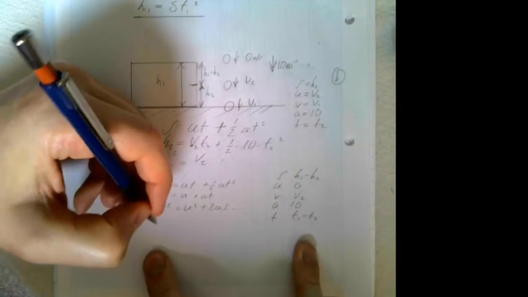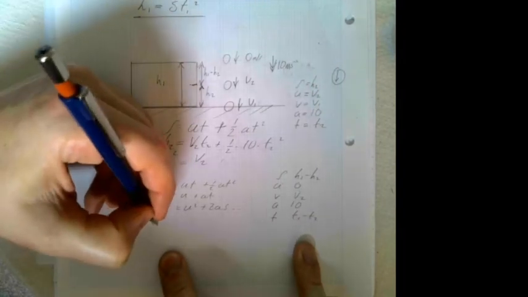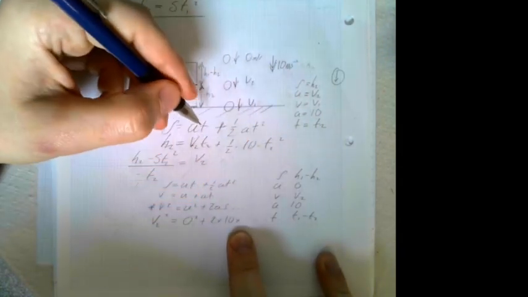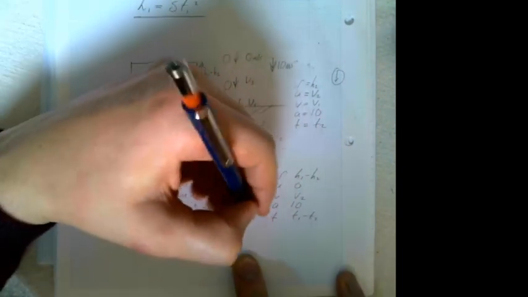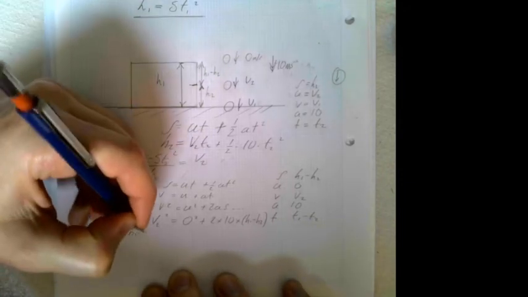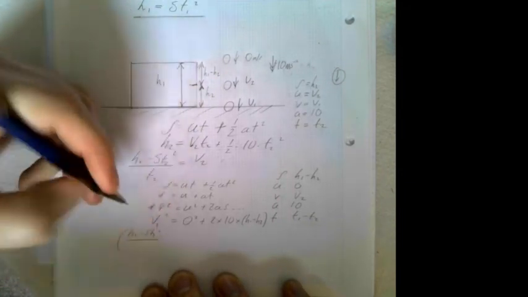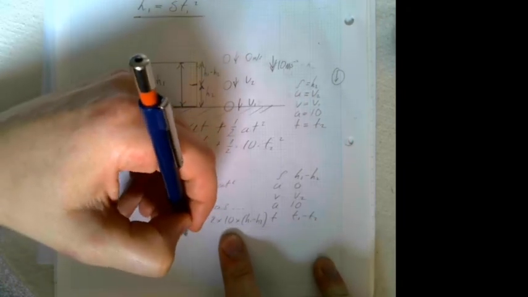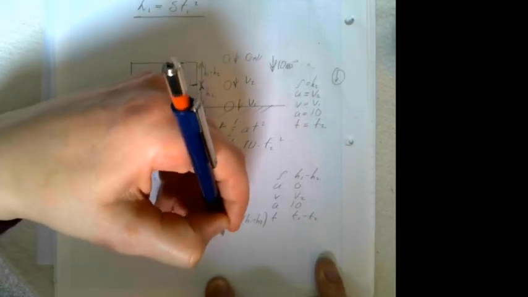So I can say that my V2 squared is equal to 0 squared plus 2 times my acceleration, which is 10, times my distance, which is my H1 minus H2. And actually I know what V2 is, I've expressed it here. So I can say that my H2 minus 5T2 squared over T2, all squared, is equal to, simplifying this, 20 times H1 minus H2.